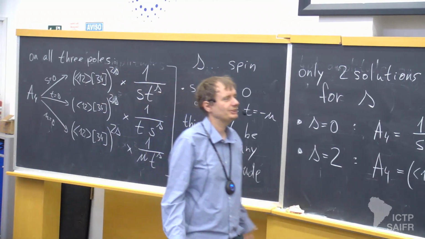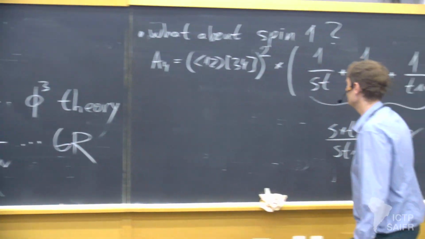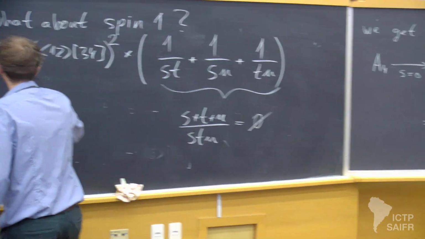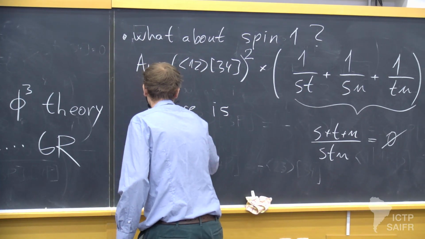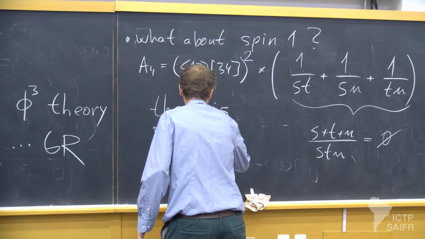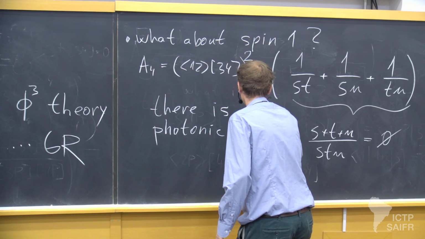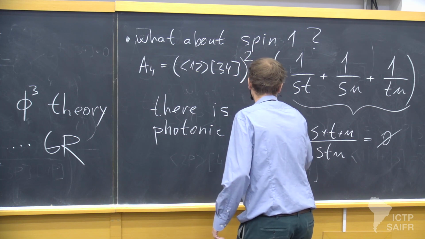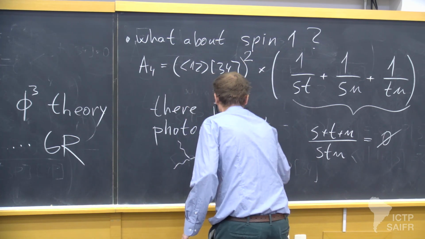In other words, we just ruled out the photonic self-interaction. So there is no photonic 4-point amplitude, when we would have interaction of photons, like that.